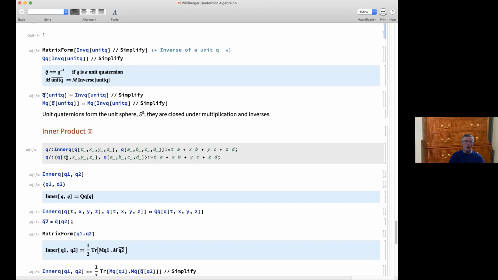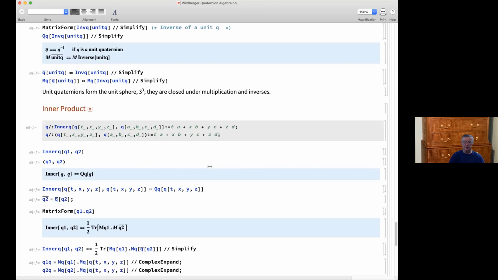And so I just used the function innerQ applied to the quaternion of, once again, T, X, Y, and Z, and A, B, C, and D. And it turns out to be, as you would expect, the sum of the individual elements multiplied together. And I put this in angle brackets as a second definition, so I could use either form, as you might expect in a textbook.